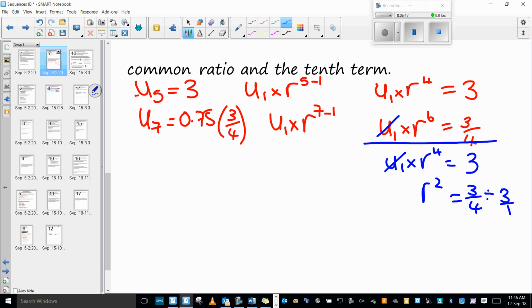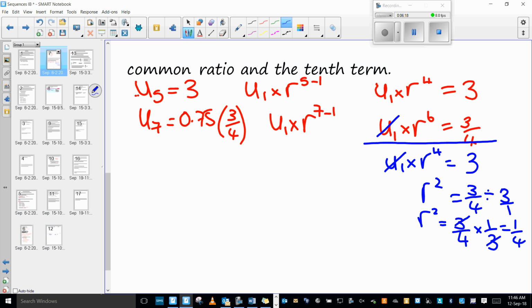You keep that, change the sign, and flip the fraction. Then we multiply fractions, top times top, bottom times bottom, but I would cancel these out because there's a 3 on the top and the bottom. So my final answer is just 1/4.